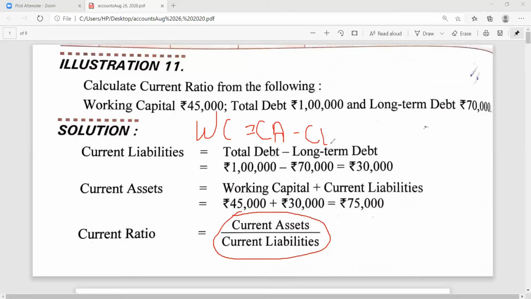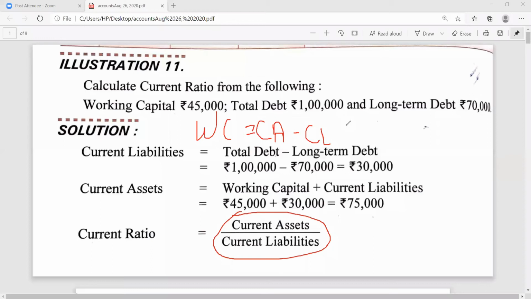If we deduct the current liabilities from the current assets, then we will get our working capital. Here we find a clue. If we have any one thing, whether current assets or current liabilities, with the help of working capital we can calculate the other one.